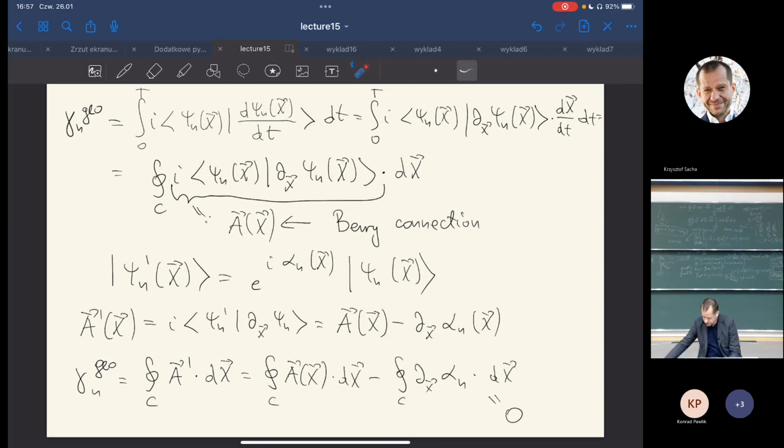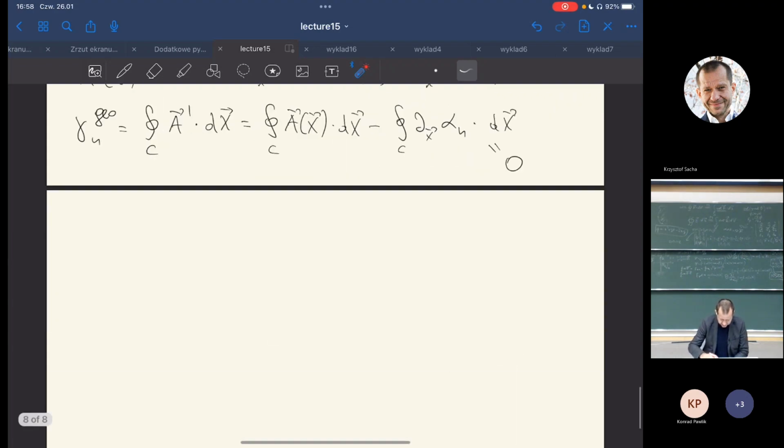Another similarity to electrodynamics is that this quantity can be expressed as a flux of the magnetic field through the surface whose boundary is this closed curve. And of course, we know that the flux of the magnetic field is measurable and gauge invariant, and that is why our geometrical phase is also gauge invariant.